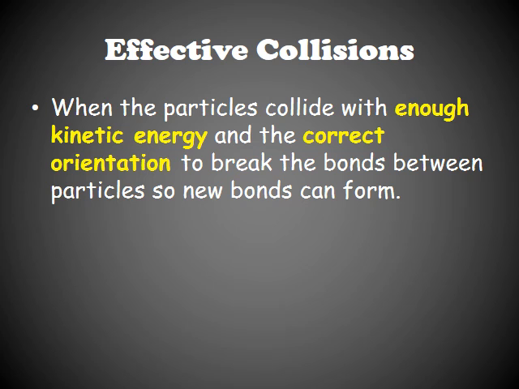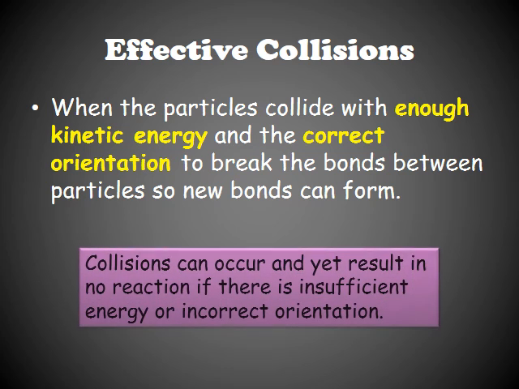This allows new bonds to form. So collisions can occur and yet result in no reaction, because either there is insufficient energy for a reaction to occur, or the particles are in the incorrect orientation to allow collisions to be effective and for products to form from the reactants.